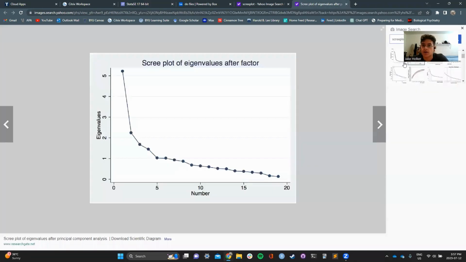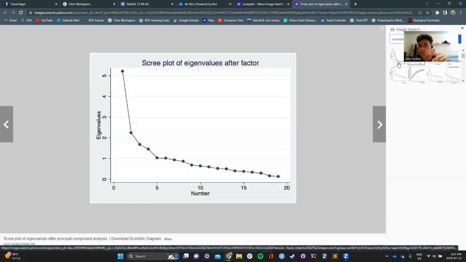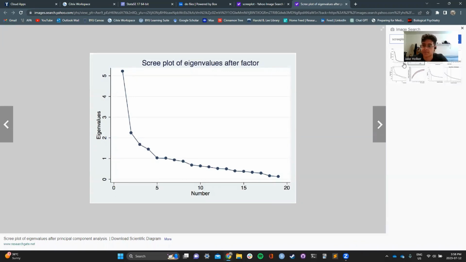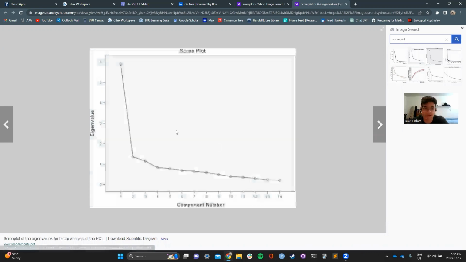There are two ways to do that. One way is to just look at the elbow, and from there we just look at, okay, there's probably two or three factors. Here's an example of what I mean. As you can see in this scree plot, there is one factor that has an eigenvalue of almost 6, and then it's a steep drop to 2 and 3, and after that, it just tapers off.